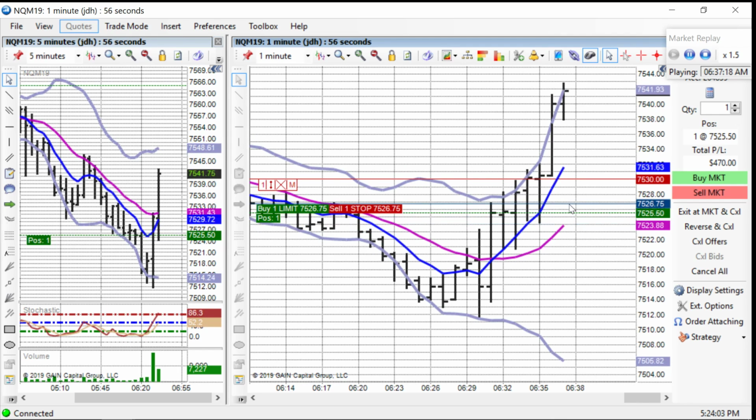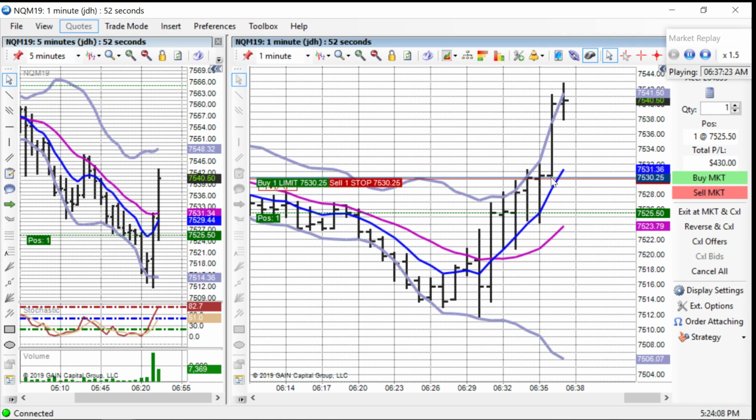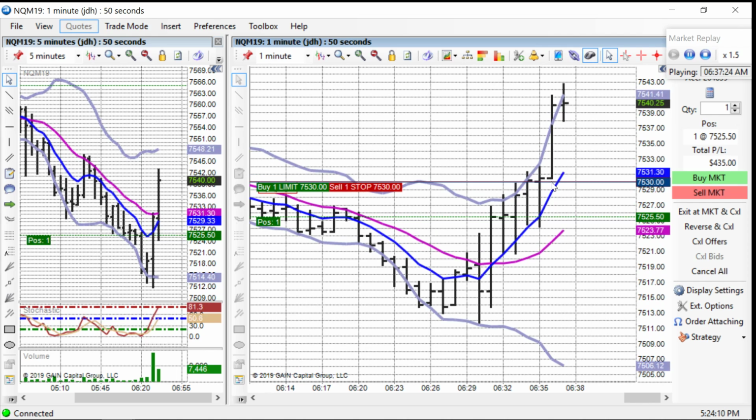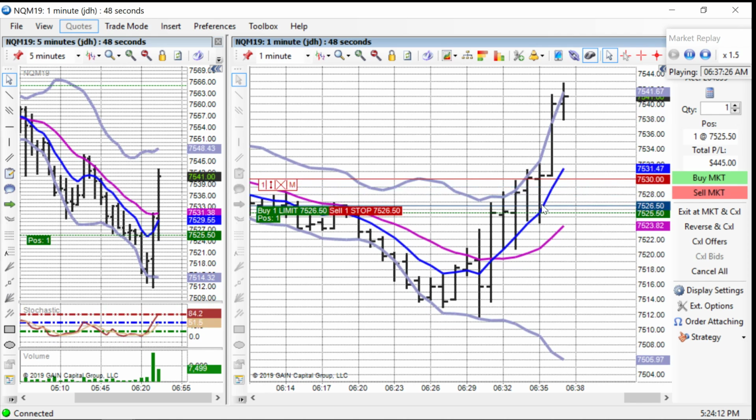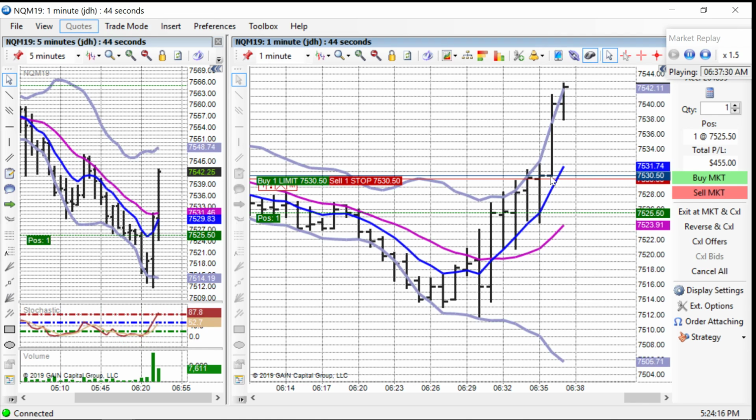So typically what I'll do is I'll trail one bar, at least a point or a tick below the low of the previous bar in an uptrend, and we would just reverse this in a downtrend, so above the high of the previous bar in a downtrend.